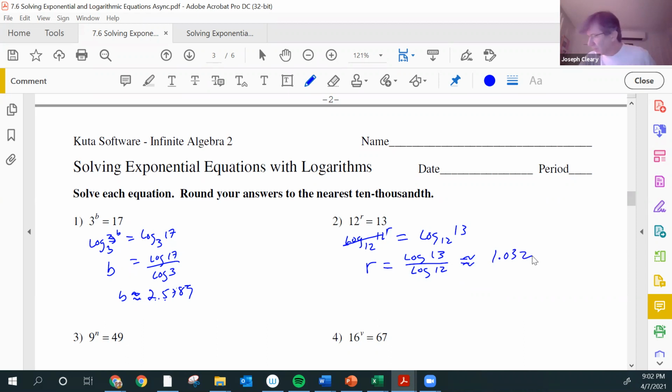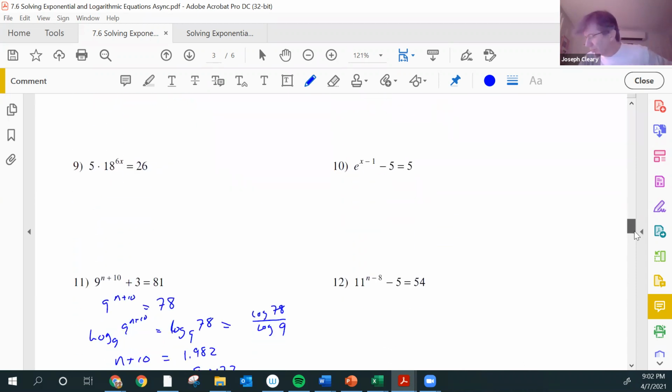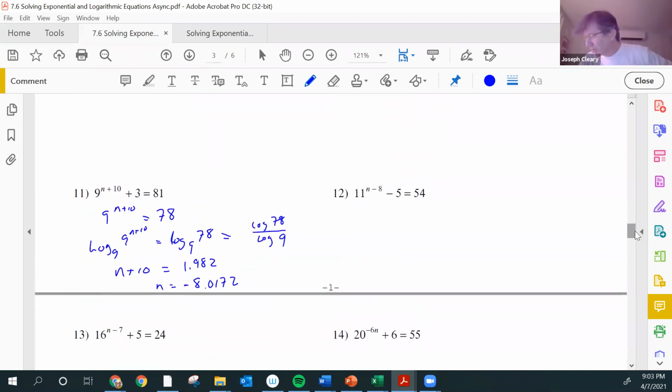Okay. And then let's do one that's just a little bit more complicated. Number 11 is where I have to isolate my exponent by subtracting 3 from both sides, and then I raise both sides to log base 9, and I go through this process right here. Same drill here. I'm now going to have 11 to the n minus 8 equal to 59.